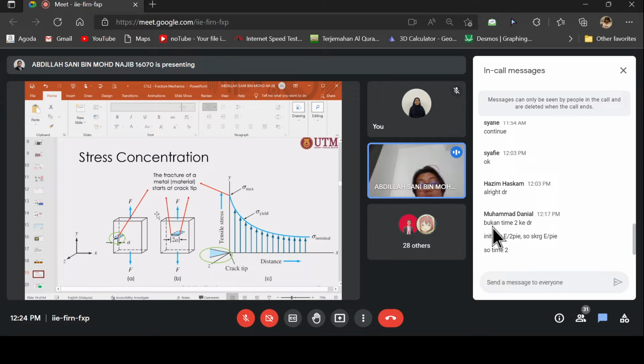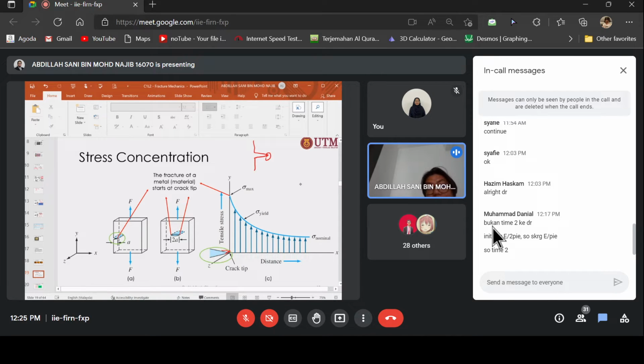This is a crack, this is the tip. You have a material, you have a crack. The crack tip has the highest stress. As you go further away from this crack tip, you get nominal stress again.